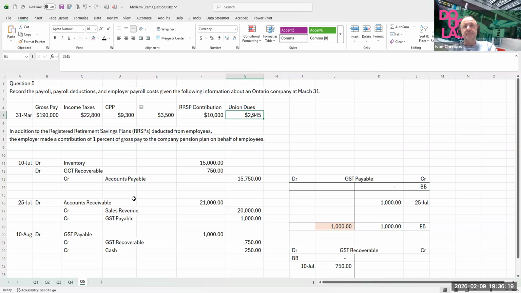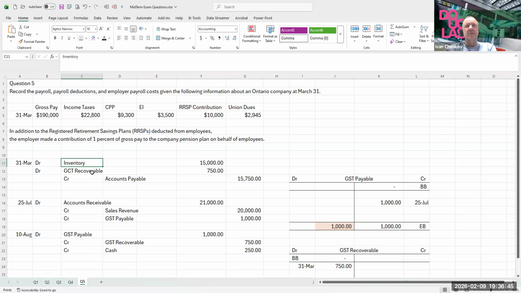Let's go. First, let's do the expenses for the payroll. That will be March 31st. Debit, that will be salary expenses. Are those salary people or hourly people?